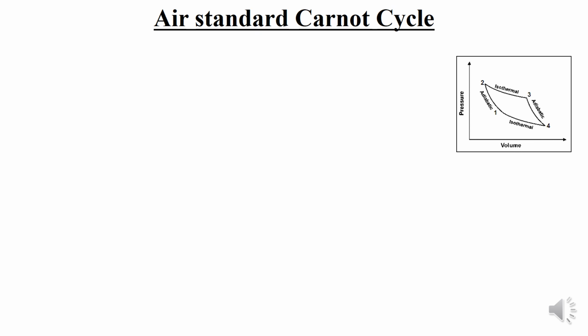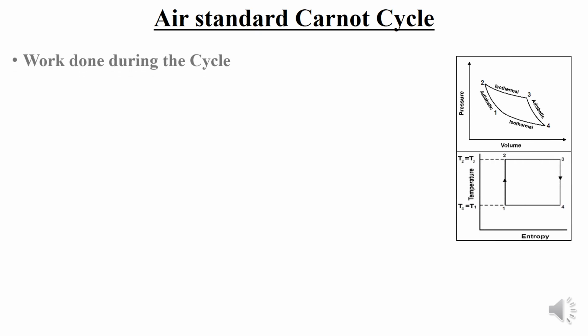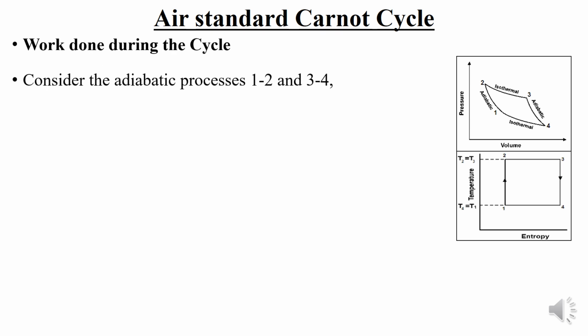Now consider the processes 1 to 2 and 3 to 4. Since it is adiabatic, and air obeys the perfect gas equation, all the volume terms in the earlier equation have to be replaced in terms of temperature terms.